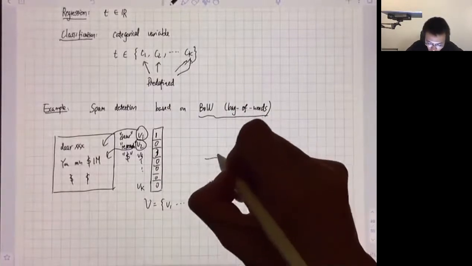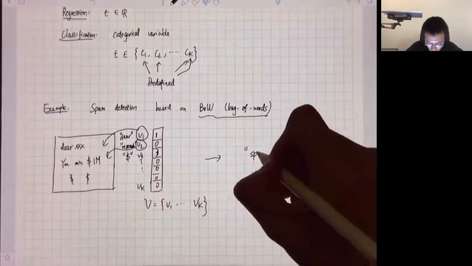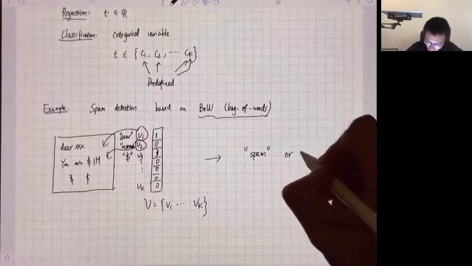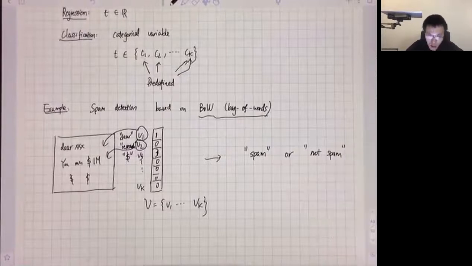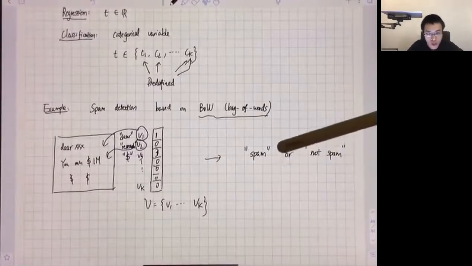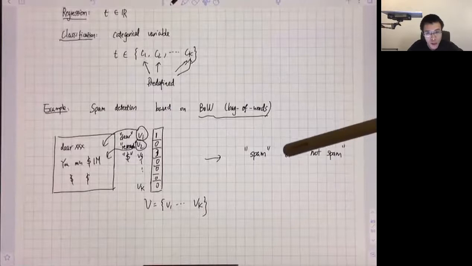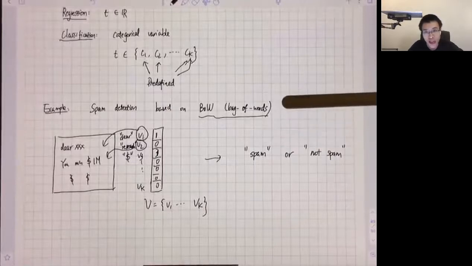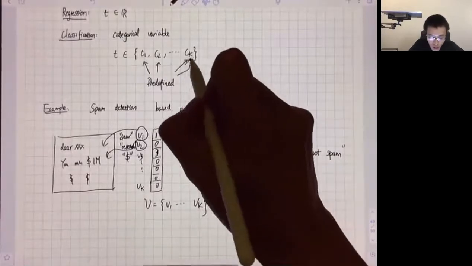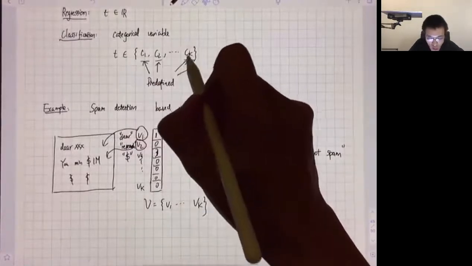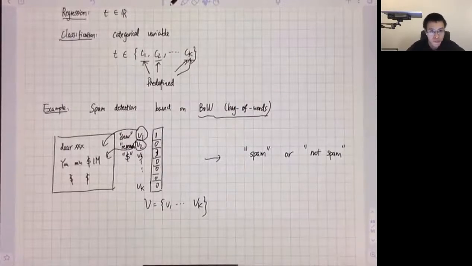Then you would like to map it to either spam or not spam. You only have these two choices. It cannot be in the middle. It cannot be a third category like an ad, which is not spam but not a usual email. No, the number of categories and the semantics of each category are predetermined. So this is the example of spam.